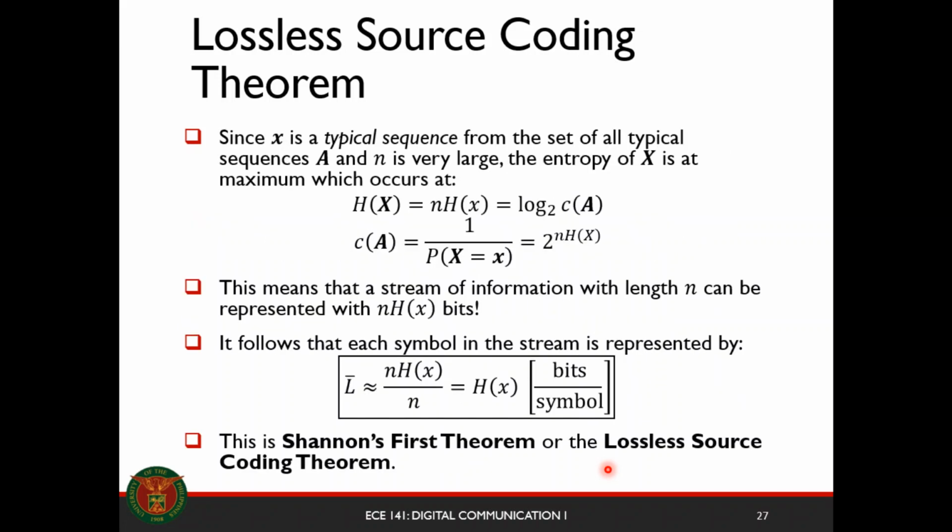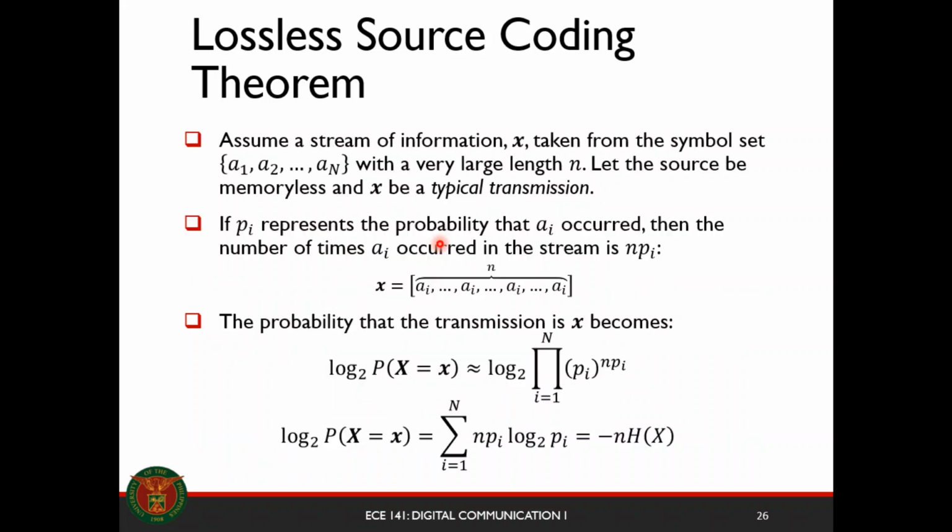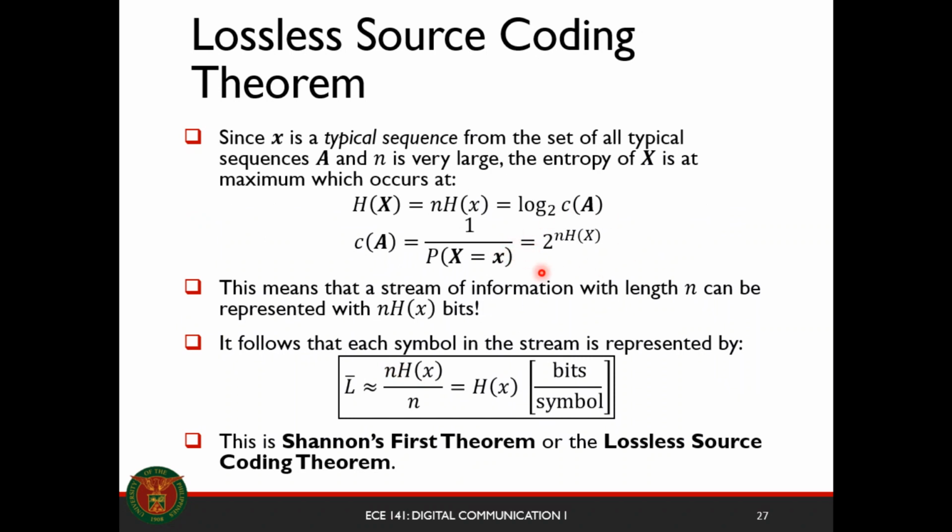Now, since x is a typical sequence from the set of all typical sequences A, and n is very large, the entropy of capital X, which is a vector, a random variable taken from the set of all typical sequences, is at maximum, which occurs at the logarithm base 2 of the cardinality of A. According to the law of large numbers, since n is very large, your random variable will have a maximized entropy, and that is equal to nH(X), which is what you got here, which should be equal to the logarithm of the cardinality of set A. Since it's maximized, it is equiprobable, so the cardinality of set A is 1 over the probability of small x occurring, which is equal to 2 raised to nH(X).